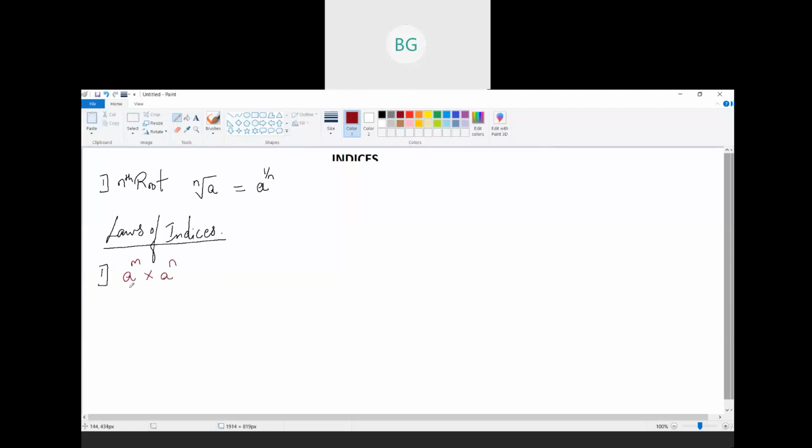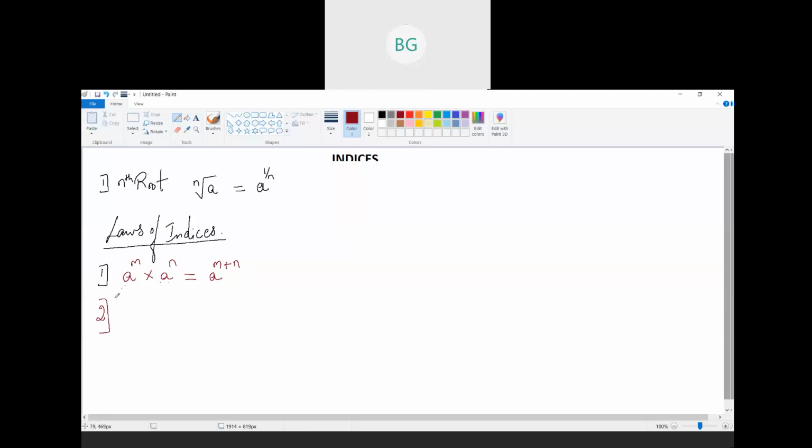That is, if I have two exponents with a common base and we have multiplication of such exponents, then this can be written as a to the power m plus n. So what we say is that if the bases are the same and we have to multiply them, then we can add the powers. So a raised to m into a raised to n will be a raised to m plus n. So this is the first law.